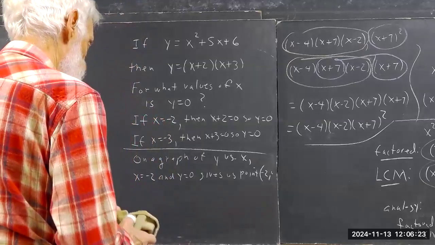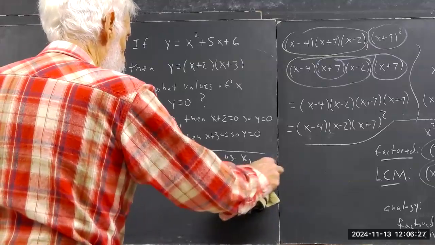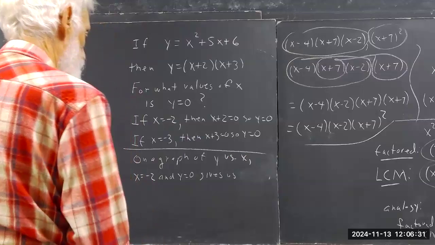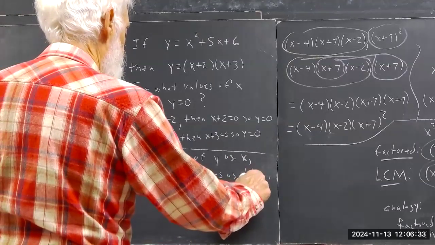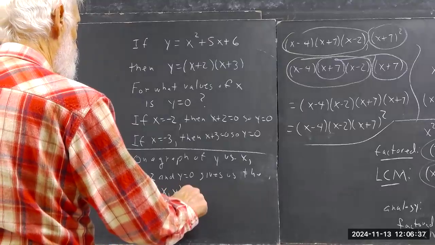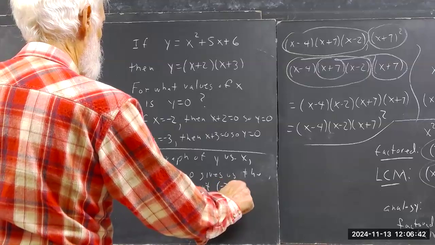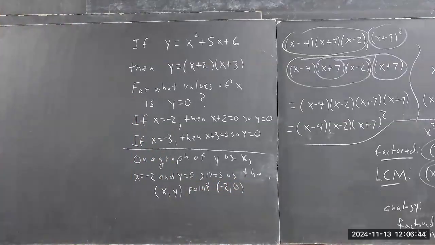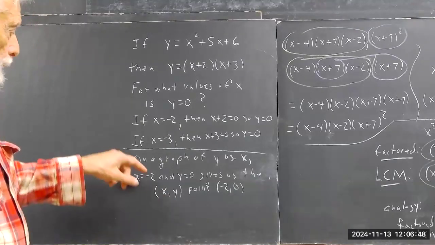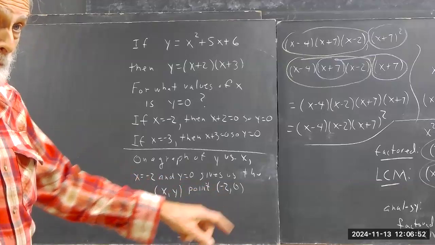Let me write it up more clearly. So I have to get another line. Okay, if we have an XY point where X is -2 and Y is 0, then that's the point -2, 0.